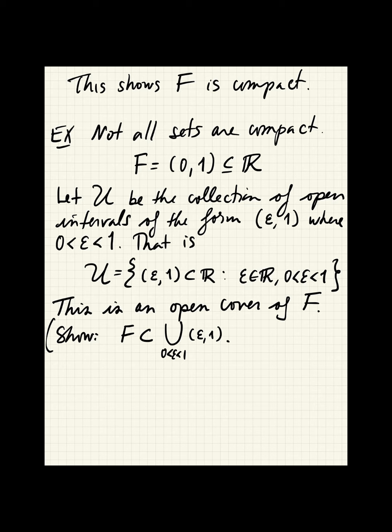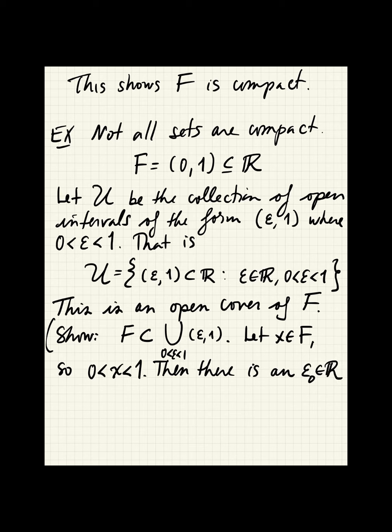Why is F a subset of the union of the intervals epsilon to 1, where epsilon goes from 0 to 1? Well, this is going to be a simple containment proof. So let x be in our set F. Okay? So x is between 0 and 1. So what's the property? Since x isn't equal to 0, there is an epsilon naught in the reals between 0 and x.